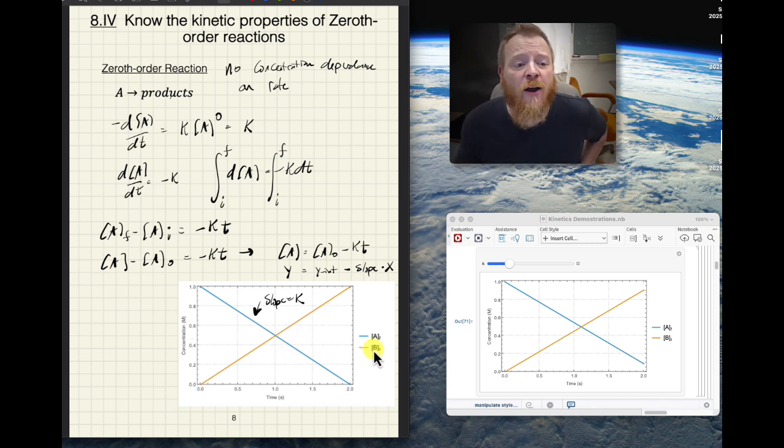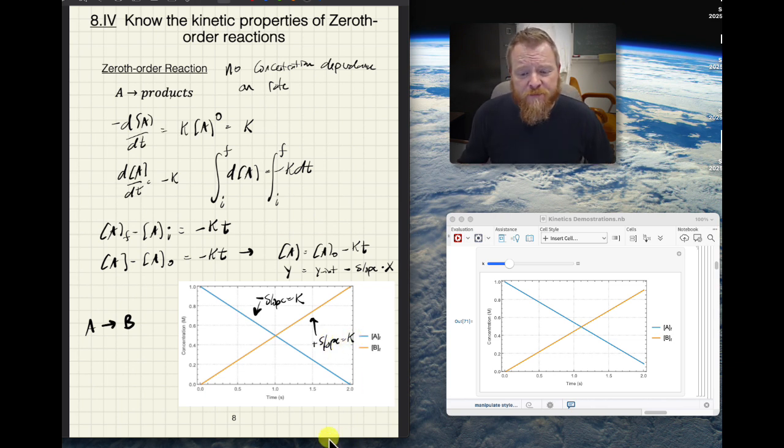So in this plot, I also considered what would happen to the products. So in this plot right here, the reaction is A goes to B, both of which are zero order dependent. And you can see the slopes are one and the same, just opposite signs. So now for the reactant, it's technically a negative slope equals the rate constant. And now for the product, it's a positive slope equals the rate constant.